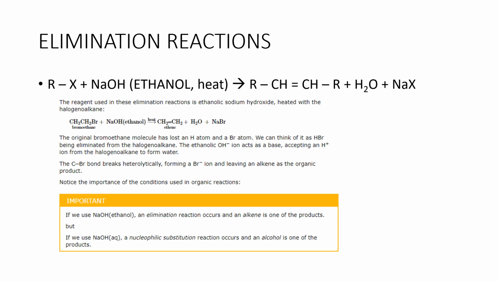For example, we have CH3CH2Cl plus NaOH in ethanol, and then heating.